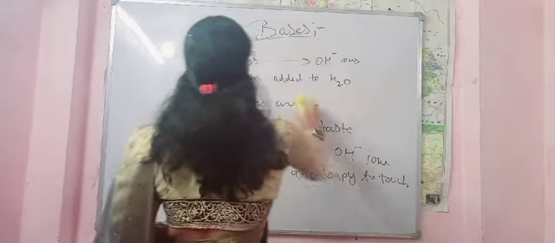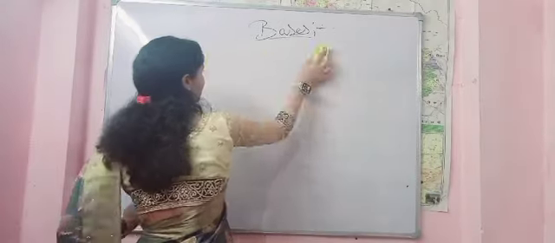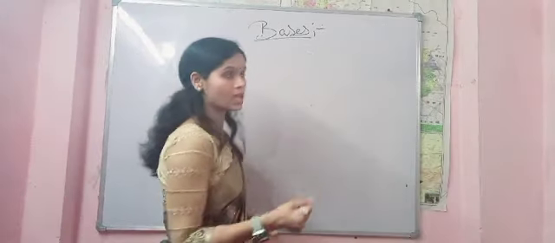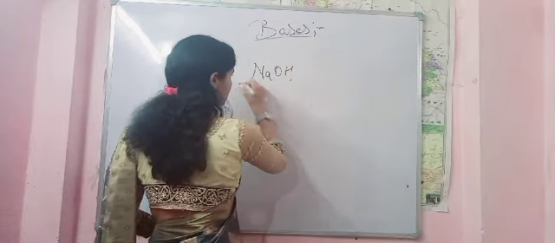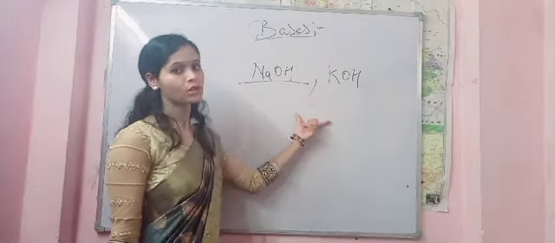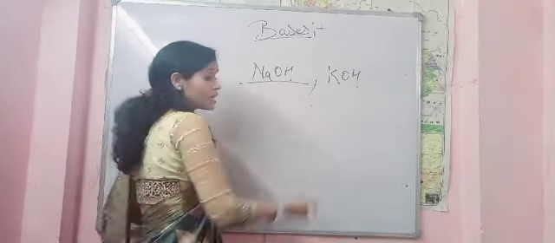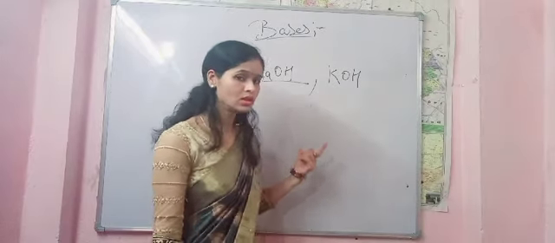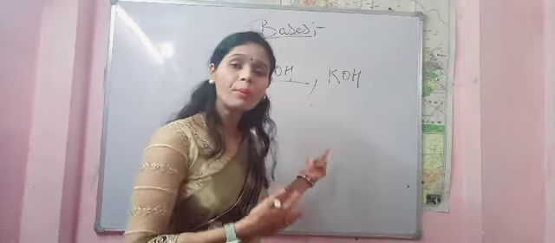Some examples of bases are NaOH and KOH. These are strong bases. A similar process applies to bases also.